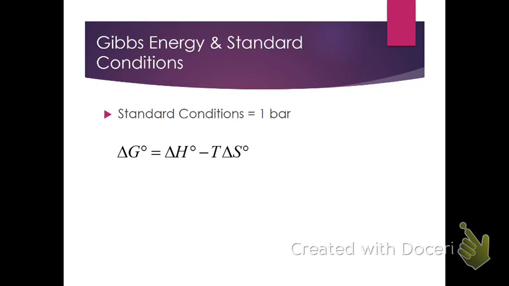When we talk about delta G under standard conditions, our equation from the previous slide becomes delta G naught is equal to delta H naught minus T times delta S naught. So you can certainly look up the Gibbs energies of formation in the back of the text to determine, for example, delta G for a chemical reaction.